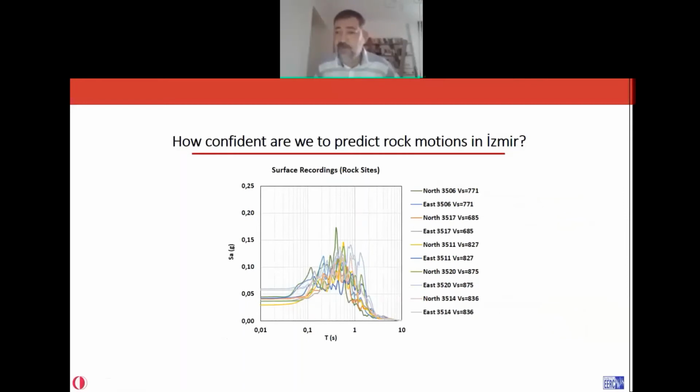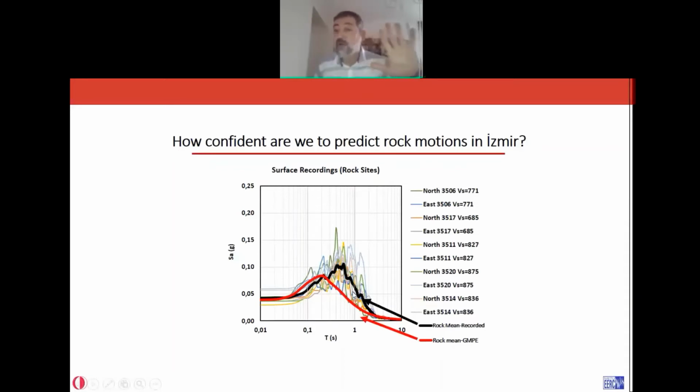Gizem, thank you very much. Maybe just to summarize, as very nicely addressed by Gizem, these are all rock sites. And the motions you see are the recordings obtained at these Izmir Bay rock sites. This is the average response, and this is what we would predict by ground motion equations. So as you can see, definitely unusually long period energy is out there in Izmir Bay at our rock sites.